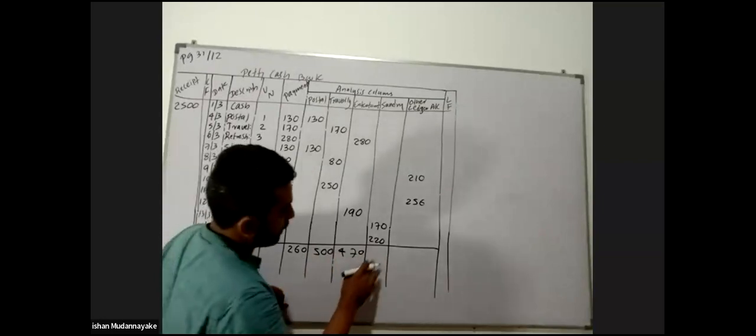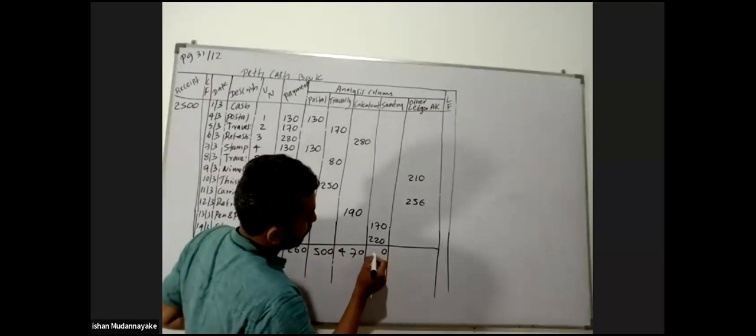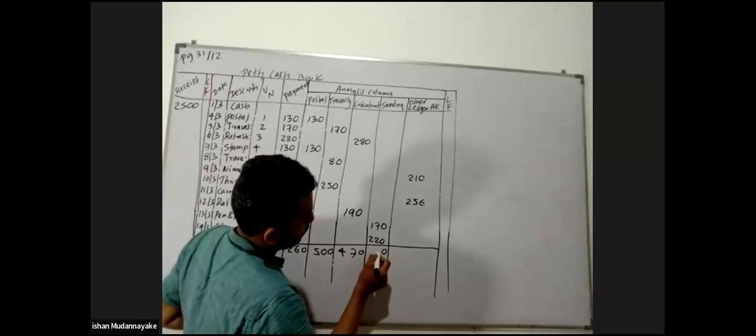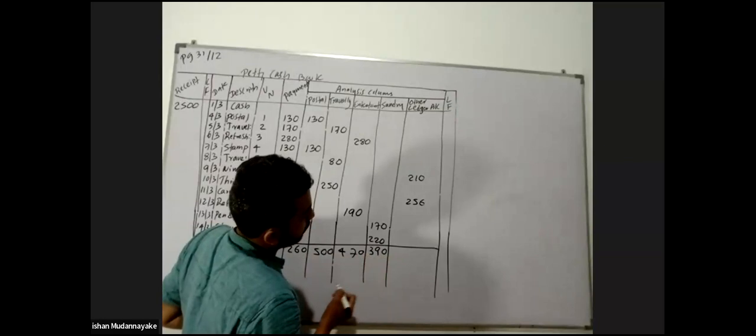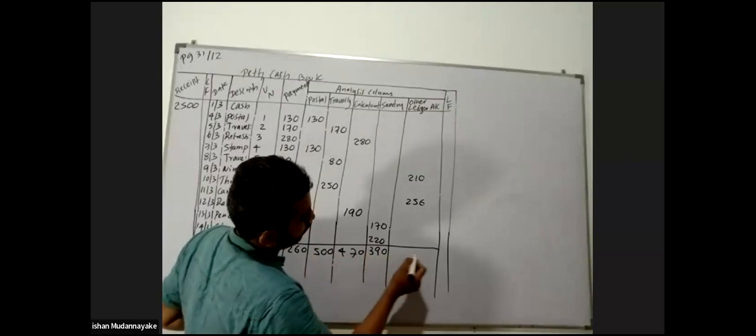Sundry expenses, miscellaneous expenses total 390. Other ledger total 466. Okay, they're done. And then take the total here.